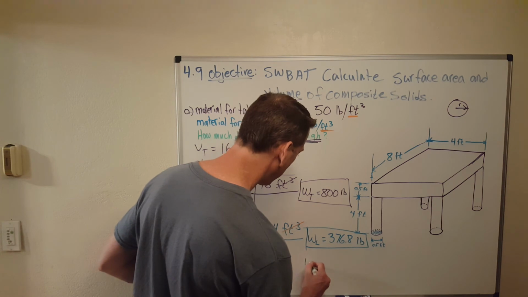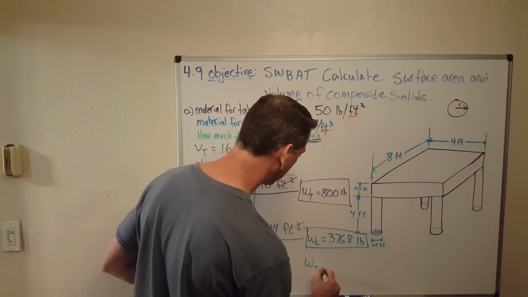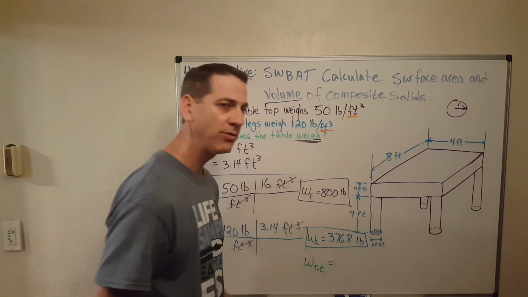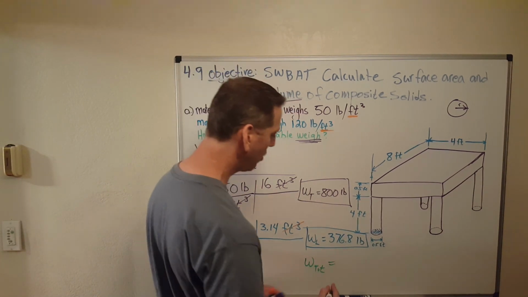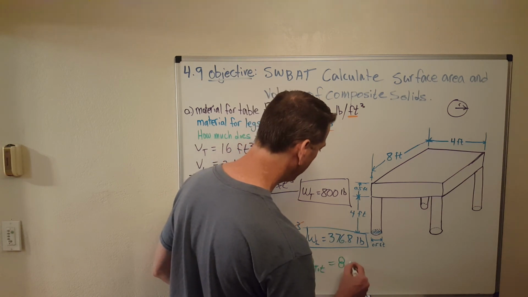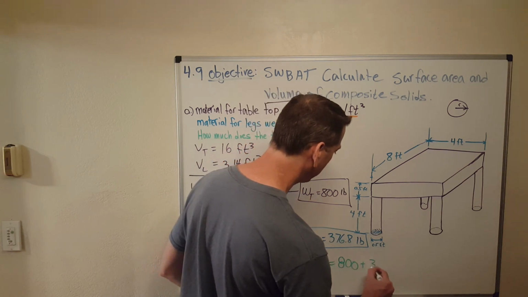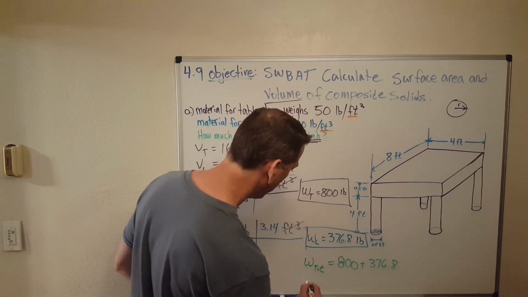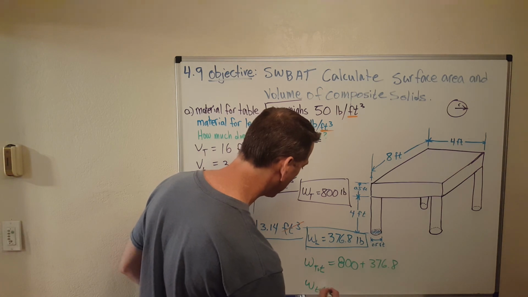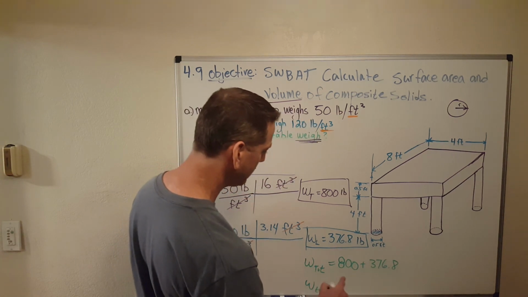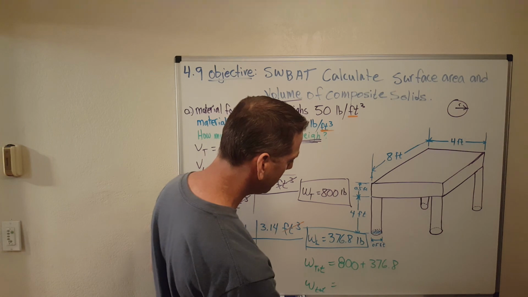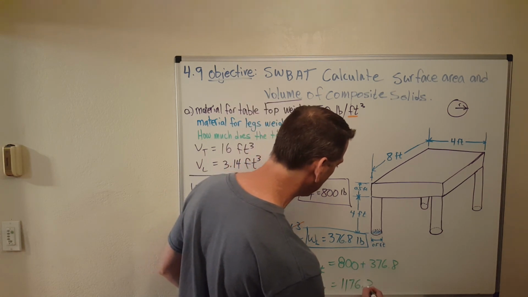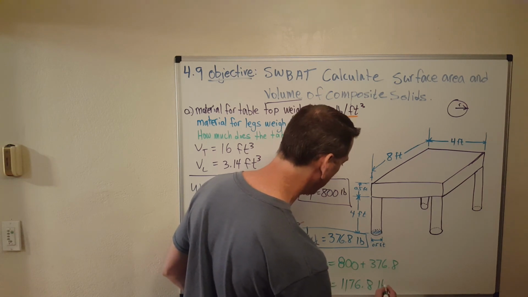So, the weight total. Now I use my subscripts to communicate. The weight total is 800 plus 376.8. So my total weight is 1176.8, and that's in pounds.